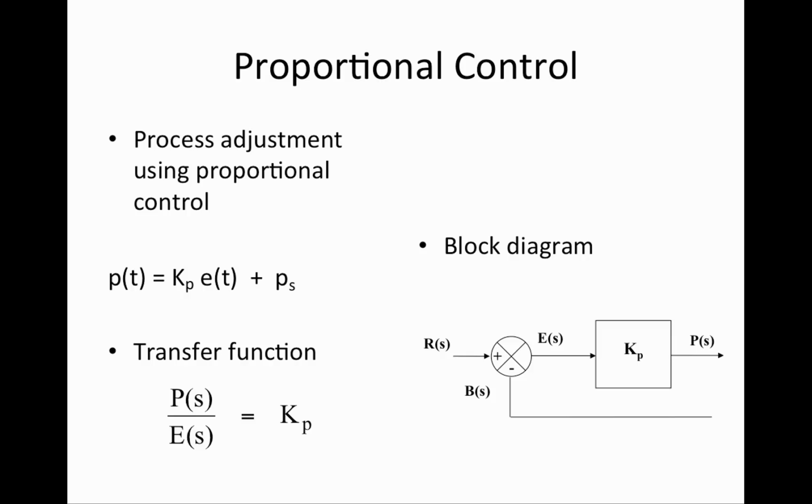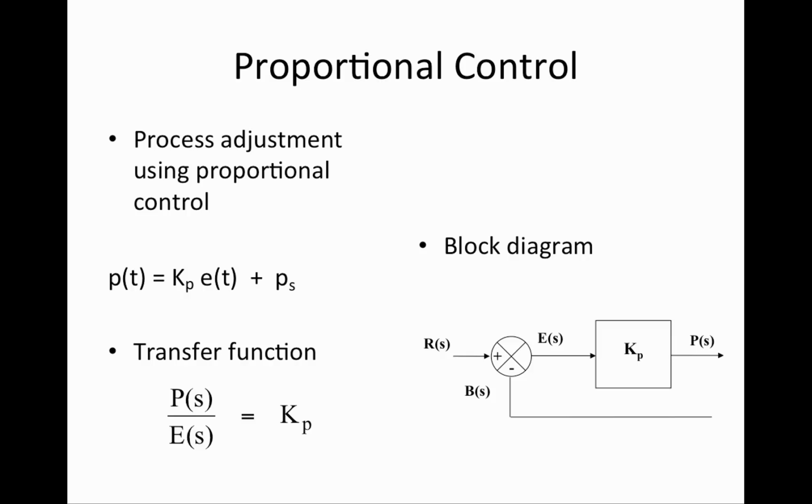Now we start to talk about proportional control, which is the first PID-related control mode. The time domain relation for proportional control between the control output and the error is shown in the following equation: P(t) equals K_P E(t) plus P_S, where P(t) is the time-dependent process adjustment, K_P is the proportional gain, E(t) is the time-dependent error, and P_S is the steady-state process adjustment, or setting.